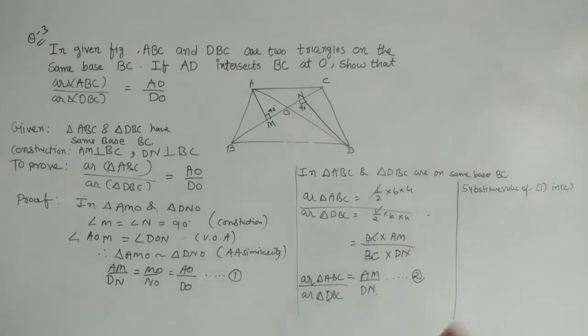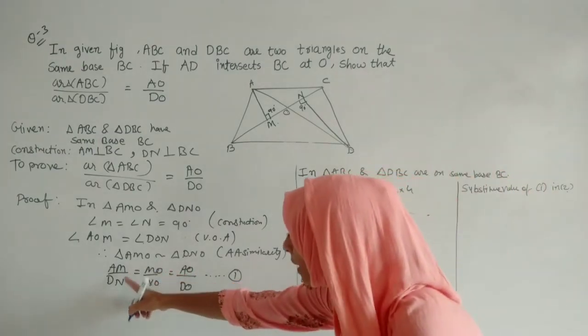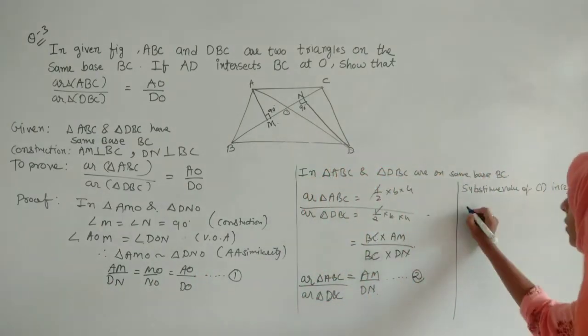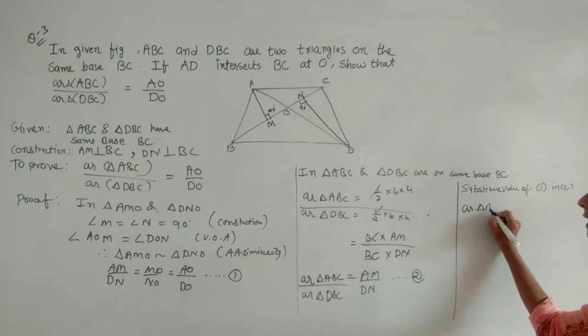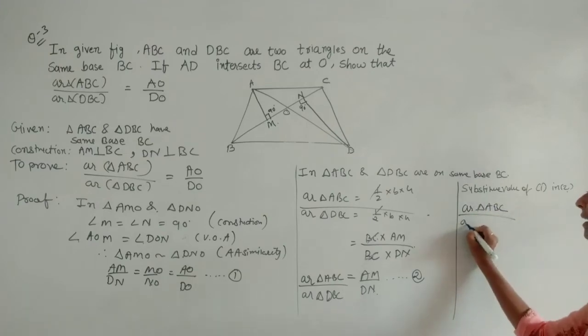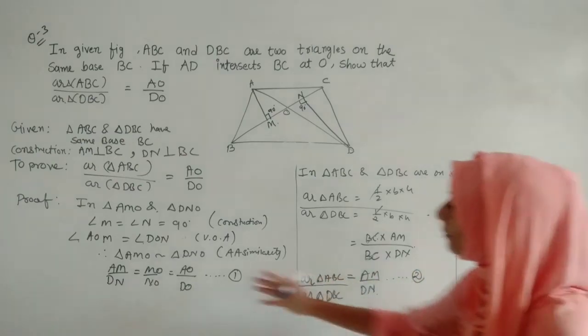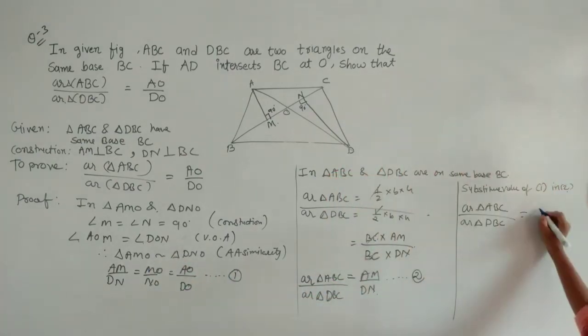If we substitute the value of AM by DN, which is AO by DO, over here, it will look like the area of triangle ABC by the area of triangle DBC, and that will be AM by DN, now replaced by AO by DO.